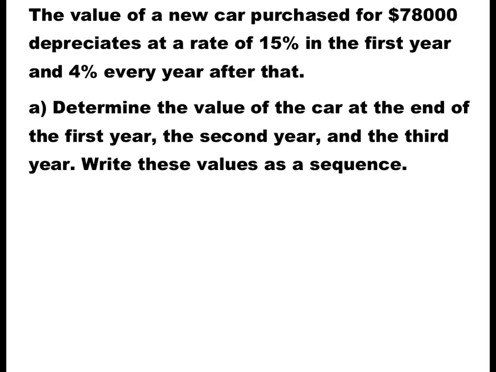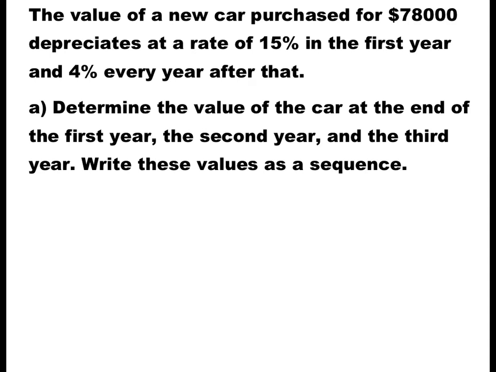The next question says the value of a new car purchased for $78,000 depreciates at the rate of 15% in the first year and 4% every year after that. Part A says determine the value of the car at the end of the first year, the second year, and the third year. Write these values as a sequence.